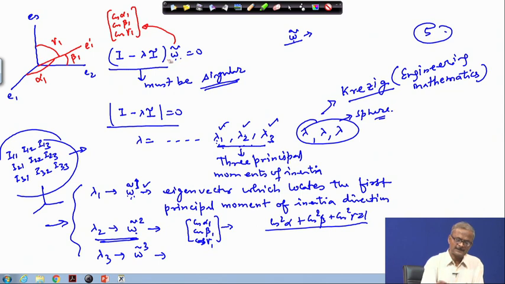This normalized eigenvector is just about the orientation of your principal axis direction.